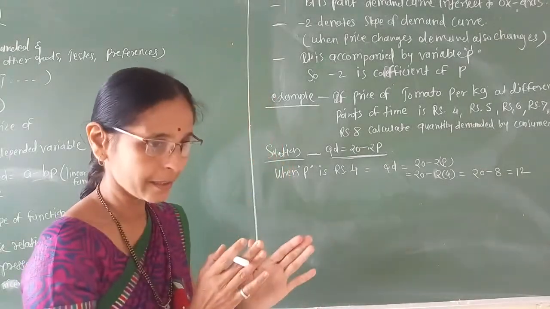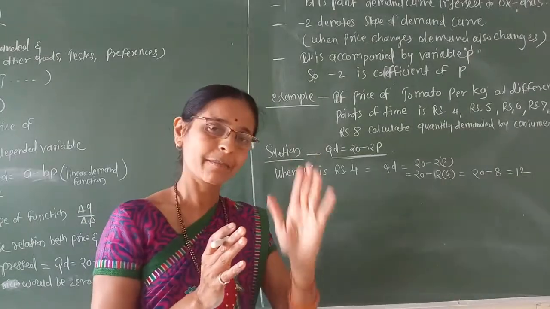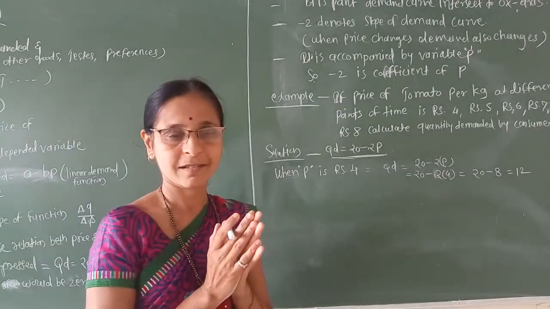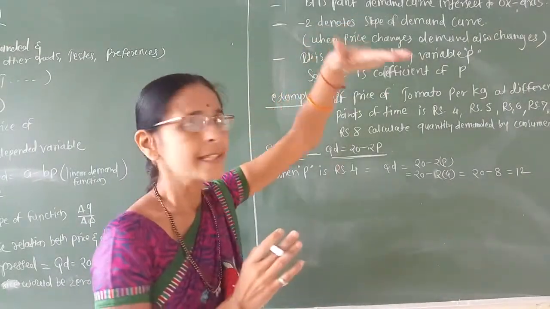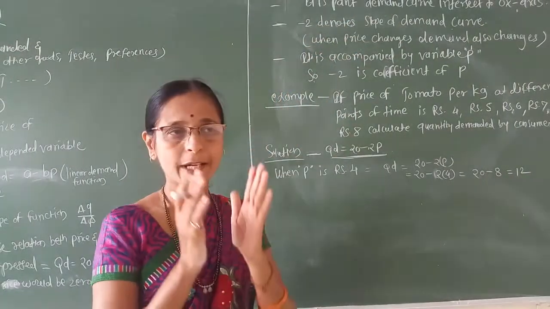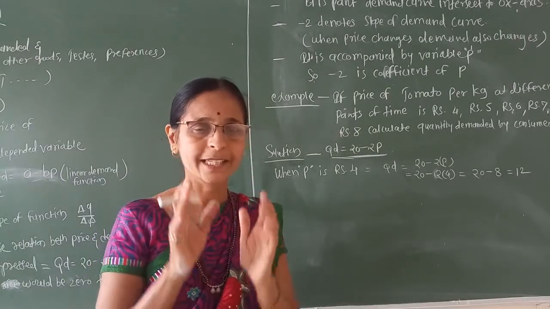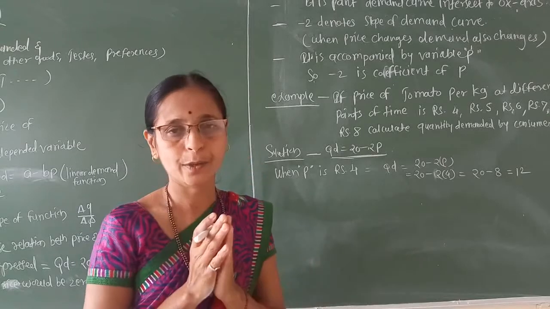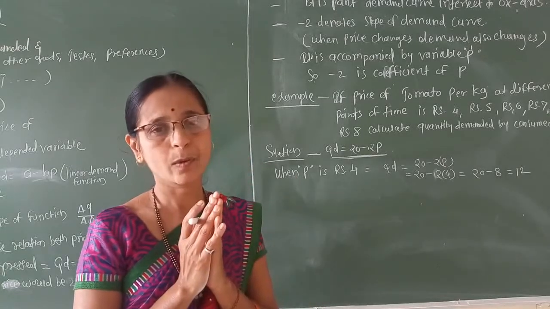All of you know that when the price changes, the demand also changes. So the minus 2 denotes the slope of the demand curve, and the slope of the demand curve is always negative, meaning it is a downward slope. Why?